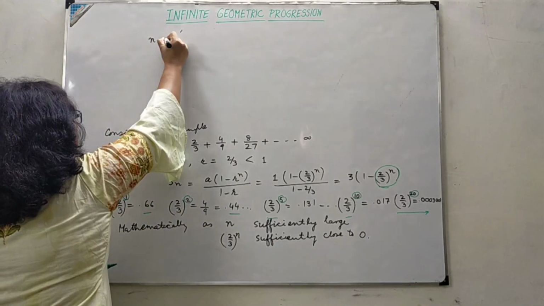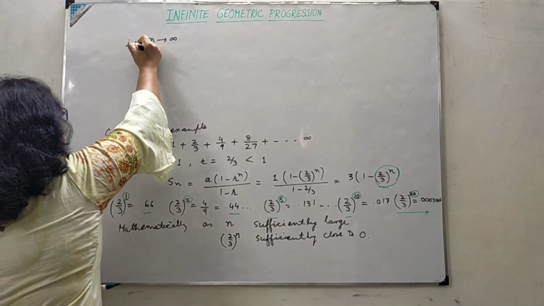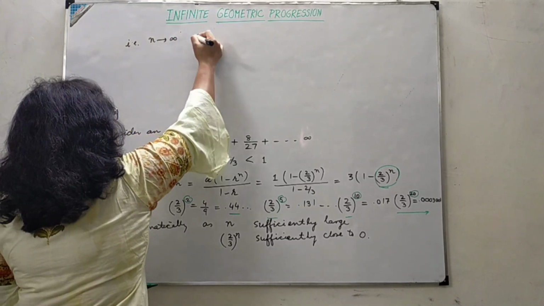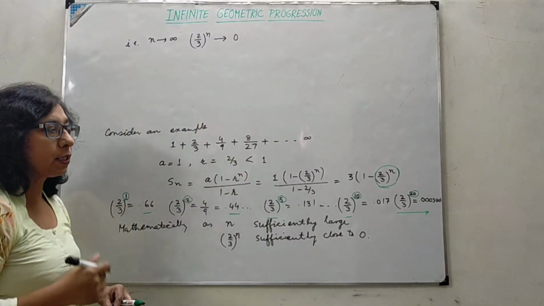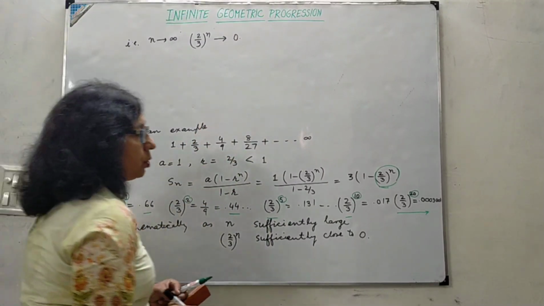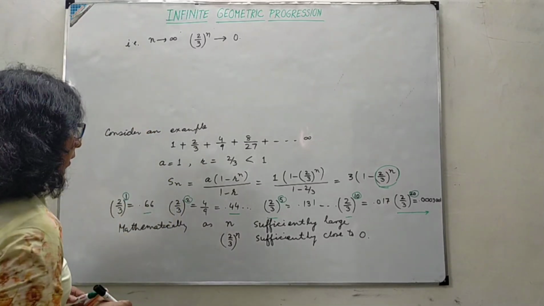That means, going to infinity, this term 2 by 3 to the power n is tending to 0. It is very close to 0 as n approaches infinity.